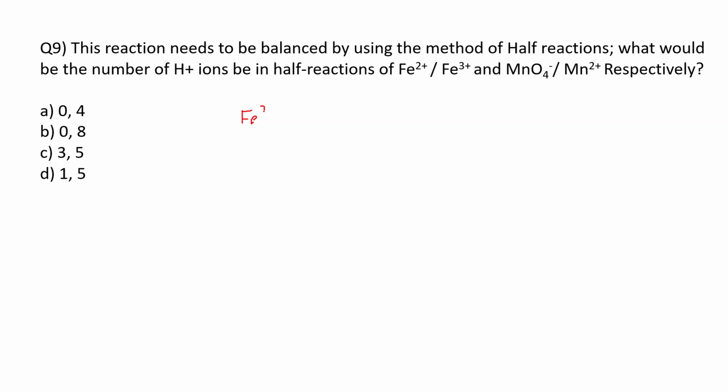Fe2+ is converted to Fe3+. To balance it, we will just add one electron here. And we see there is no hydrogen involved. So the answer will be from A or B.